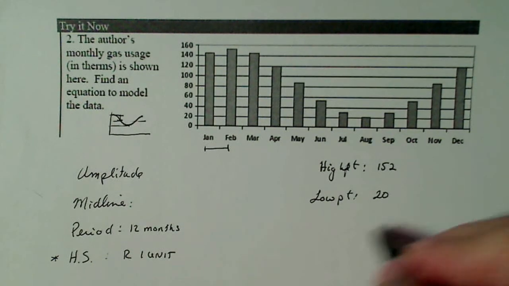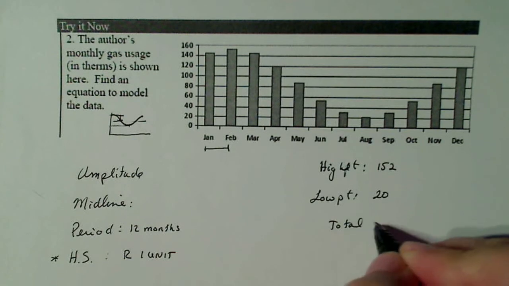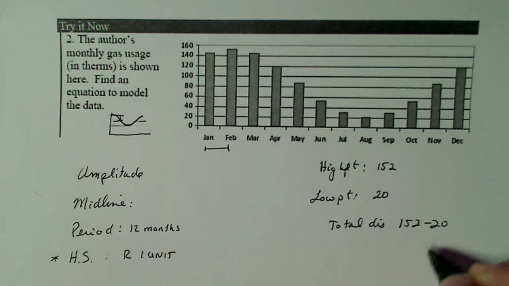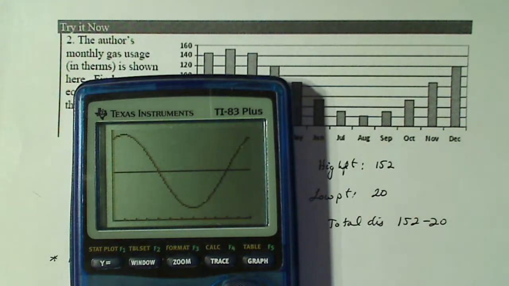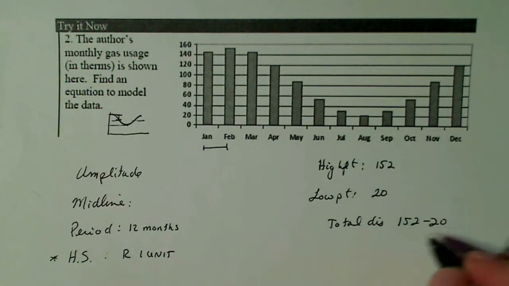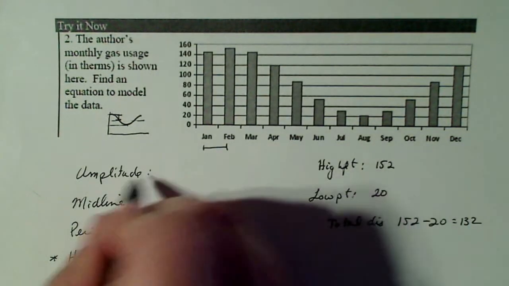So the total distance is 152 minus 20, which gives me, well, what is 152 minus 20? I don't want to think about it right now off the top of my head. So 152 minus 20 gives me 132. So the total distance is 132, but that tells me then that my amplitude is going to be half of that.